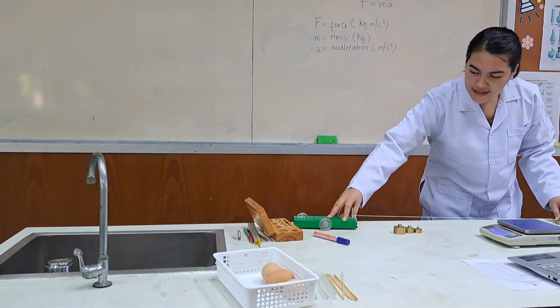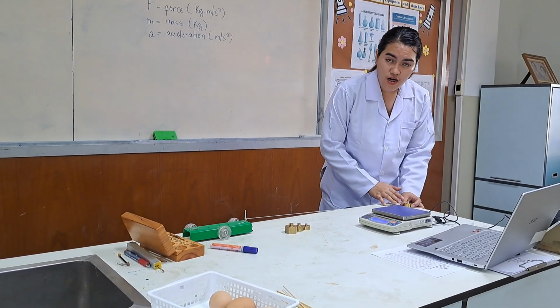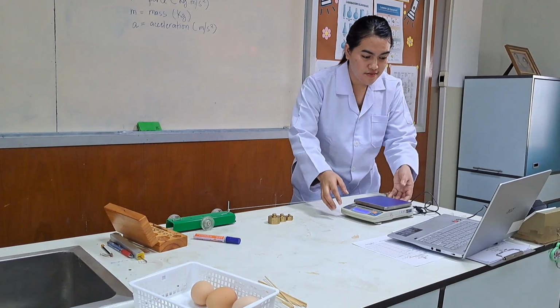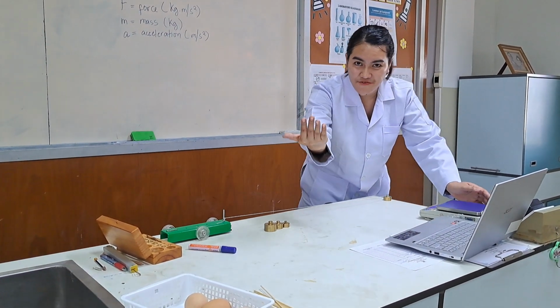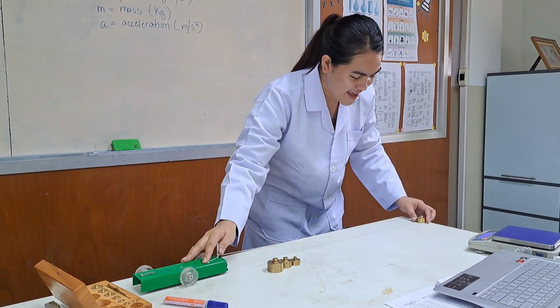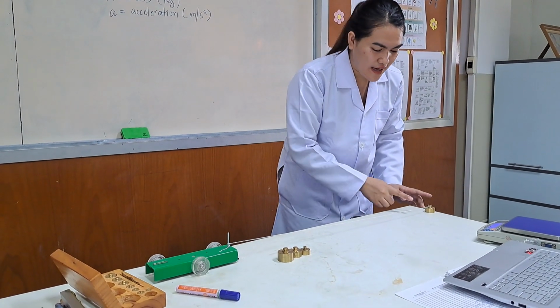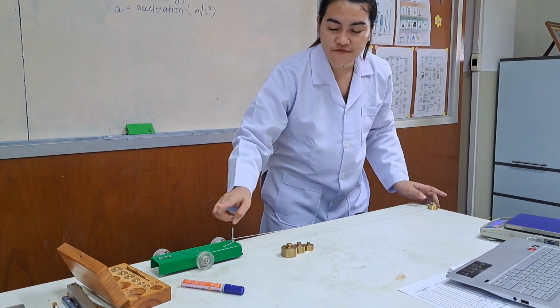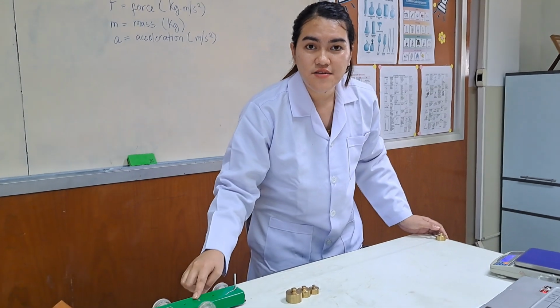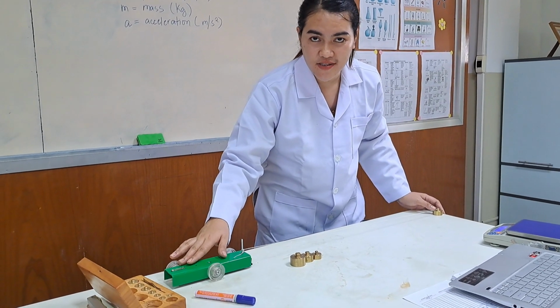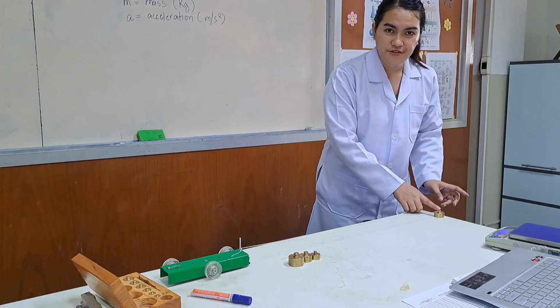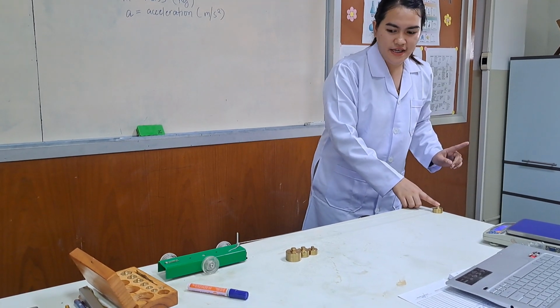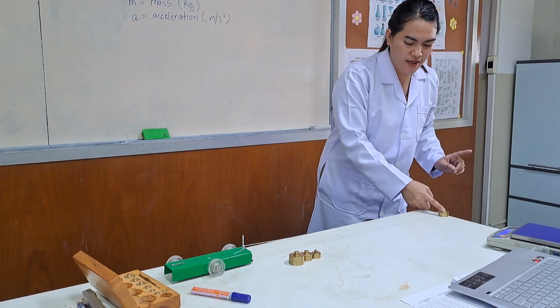I will place the load on the edge of the table. Let's move forward, and at the count of 3, I will push this one down, and let's try to find out the acceleration of this object, the dynamic card. Are you ready? 3, 2, 1, and drop.